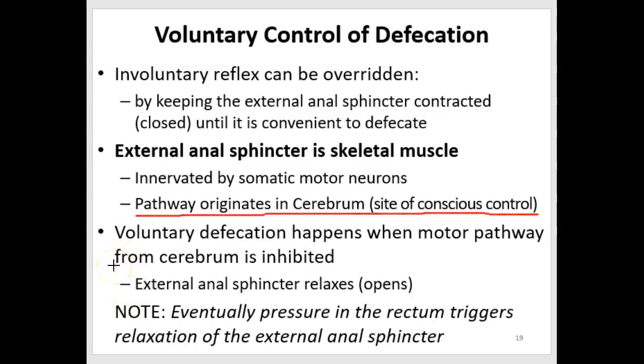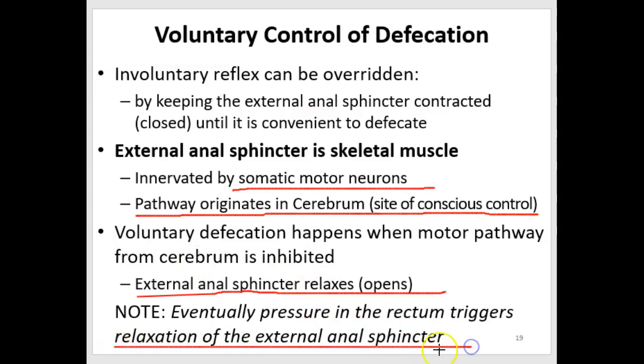So when the cerebrum inhibits the somatic motor neurons, then you'll get the external anal sphincter relaxing. Now there is a point where this voluntary control isn't effective, but it would be in a not exactly a disease condition, but extensive pressure in the rectum will trigger relaxation of this external anal sphincter, regardless of our wishes to voluntarily control it.